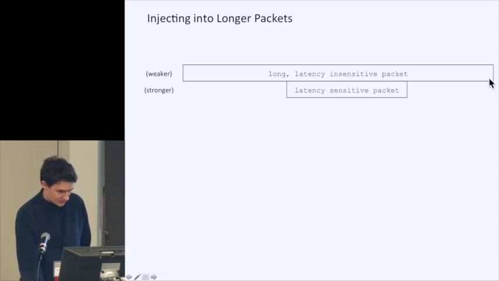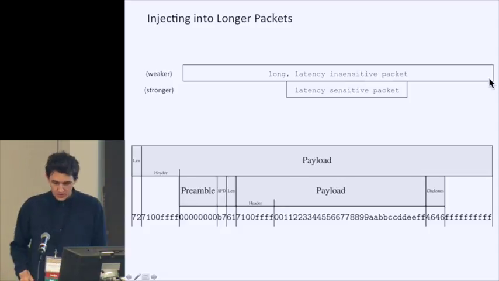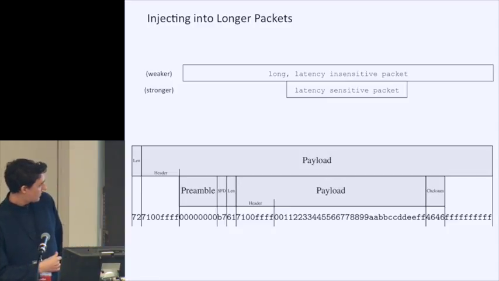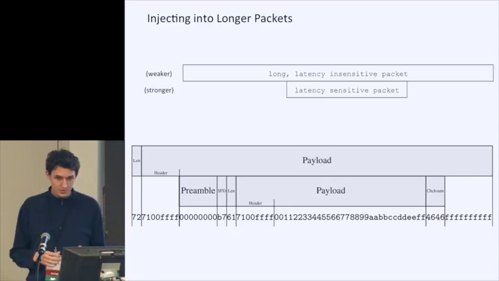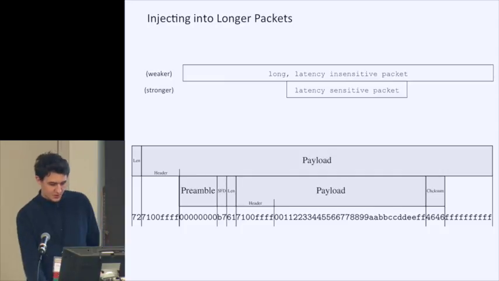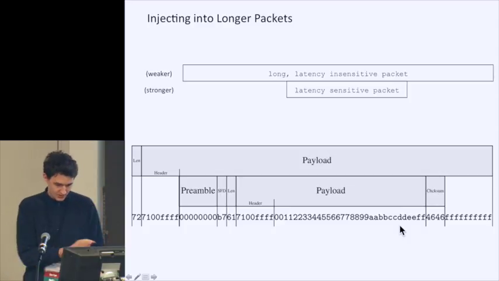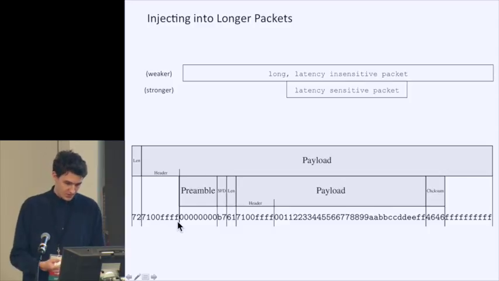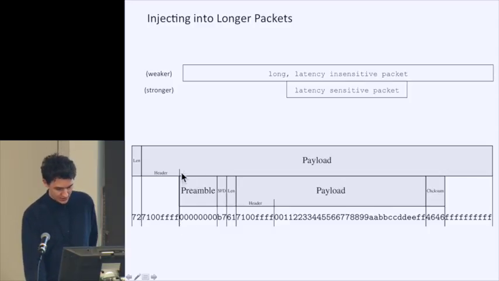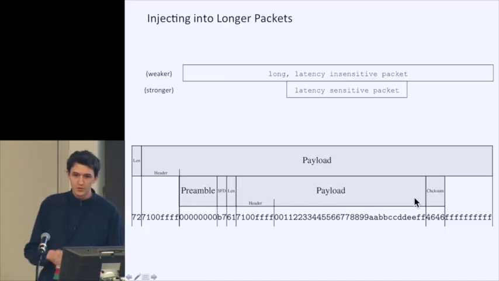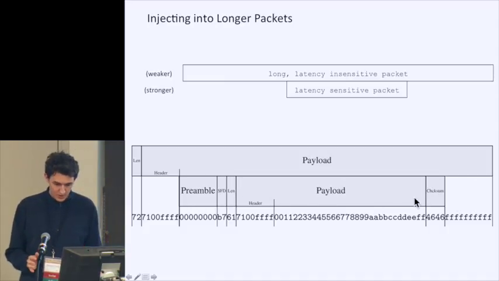Okay, so we set up an experiment, something like this. Now we want the receiver to receive the string of symbols at the bottom. These are symbols, two of them forming a byte, but in reverse order. We want to receive the longer packet until the stronger packet arrives, the shorter one, which is down here, and overwrites a part of the payload of the longer packet.